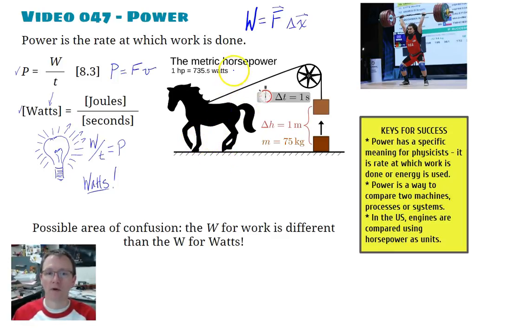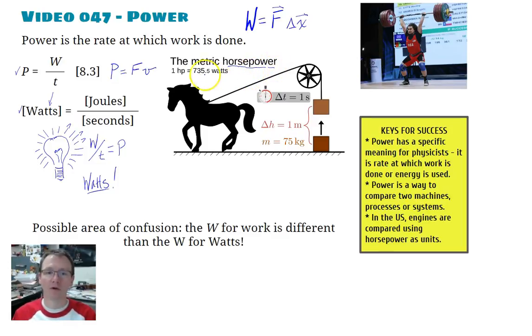And so in the United States and in England, where the Industrial Revolution really took hold the strongest, initially at least, we came up with this unit called horsepower. And horsepower is an attempt to sell people engines based on the fact that they do an equivalent amount of work per second as so many horses.